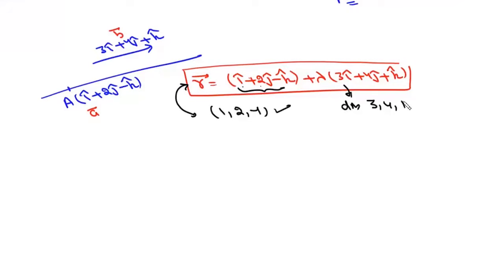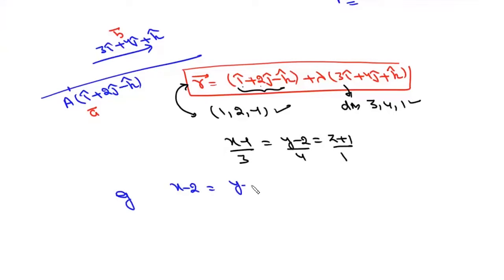Once we have this point and direction ratios, we can write it in symmetrical form: x minus 1, y minus 2, z plus 1 upon their direction ratios, which are 3, 4 and 1.